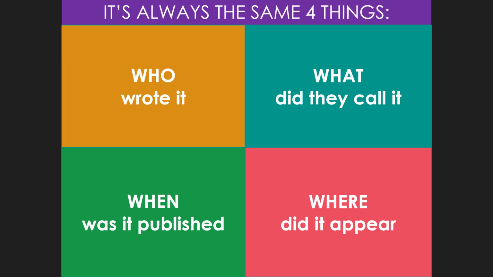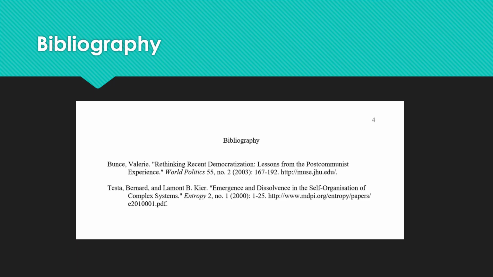No matter what citation style you're using or how unfamiliar it may seem, the elements continue to be who wrote it, what did they call it, when was it published, where did it appear. This slide shows the bibliography page.